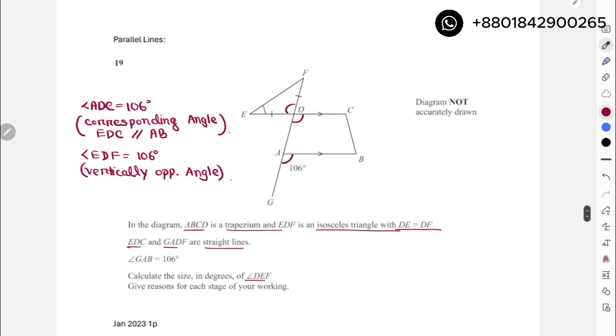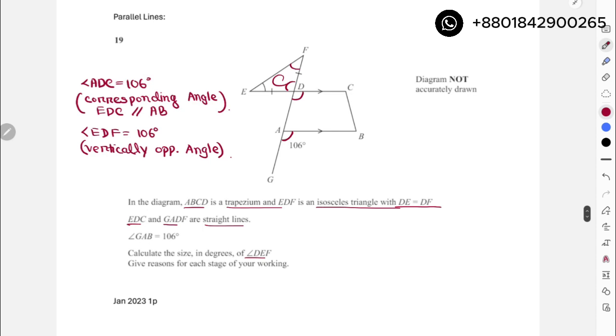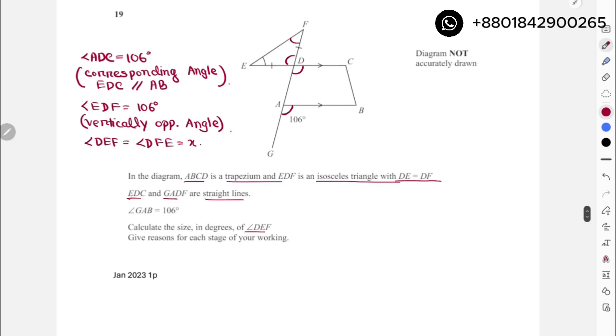Again, after this, now if you focus on this triangle, I already knew that this is an isosceles triangle, EDF, so angle DEF is equal to angle DFE. Both of them are equal. Why are both of them equal? Because obviously DF and DE are equal in length.